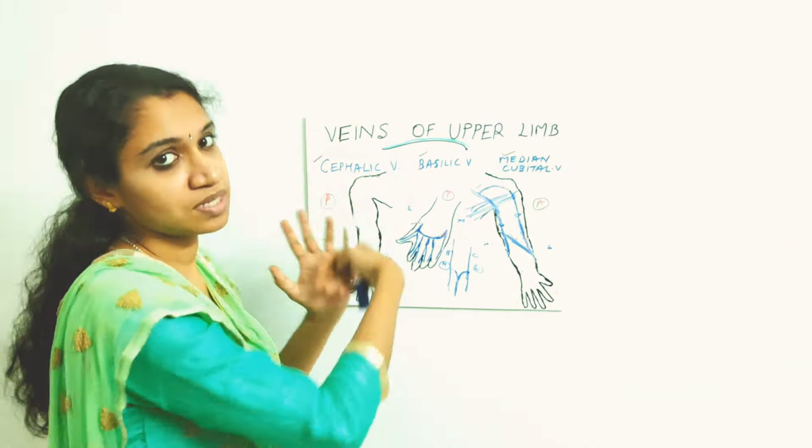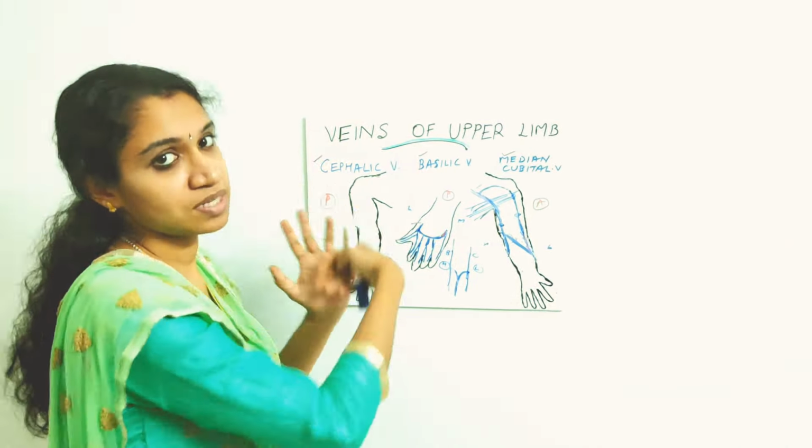Another reason for not using the cephalic vein is that at the junction of the cephalic with the axillary vein there are valves. So these two reasons make it unsuitable for cardiac catheterization, I mean the cephalic vein. So that's about the basilic vein.